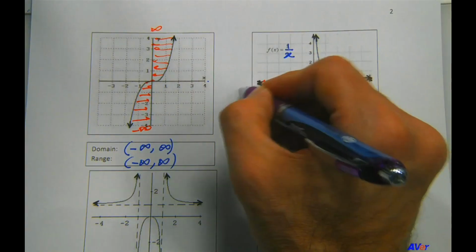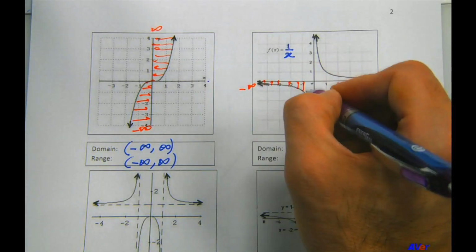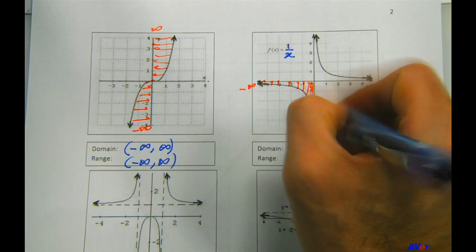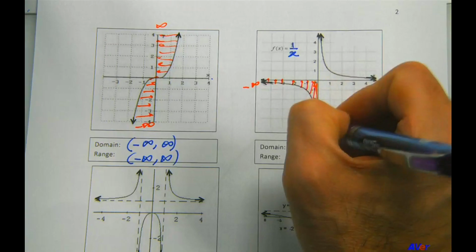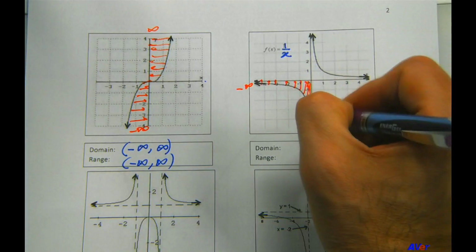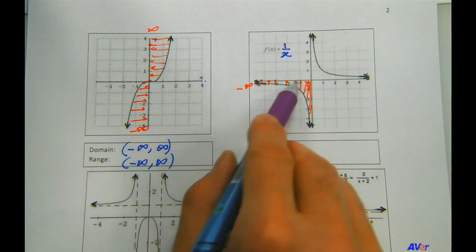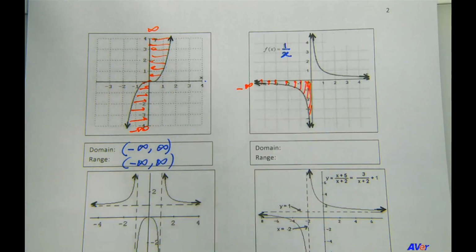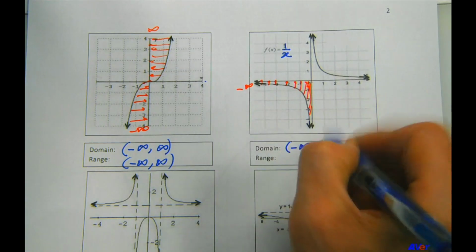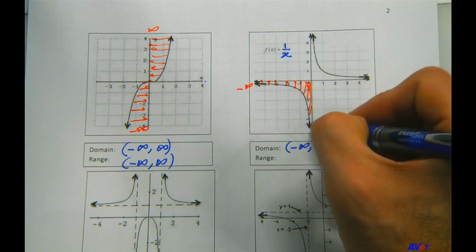This line is coming from negative infinity with respect to the x-axis, and it's approaching what value of x? 0. So it's coming from negative infinity and approaching x equals 0, so for this piece we can write negative infinity to 0. Does it connect with 0? No. This is an asymptotic behavior.